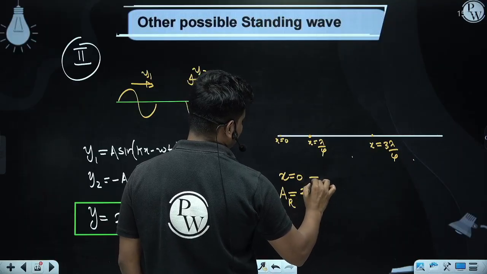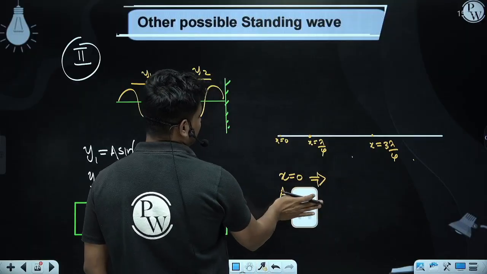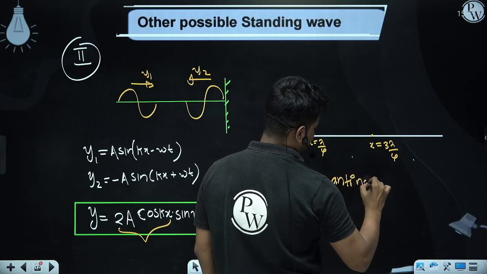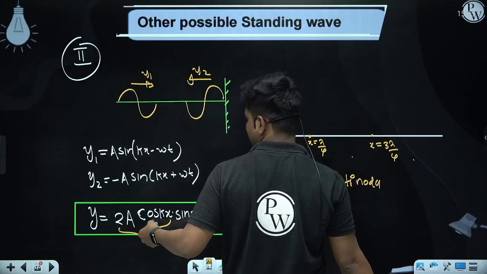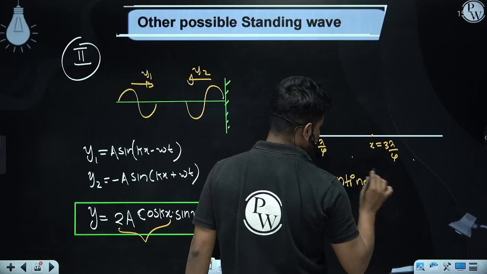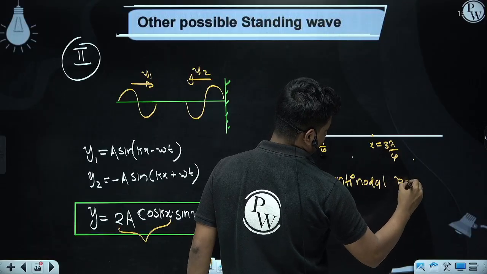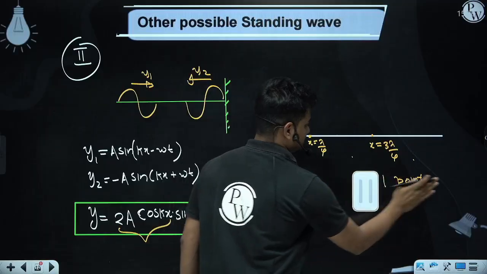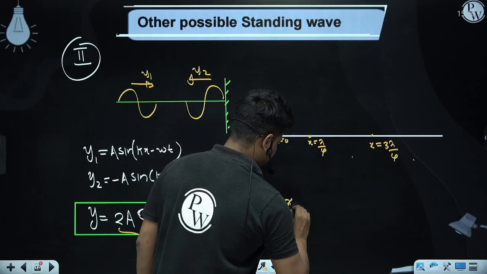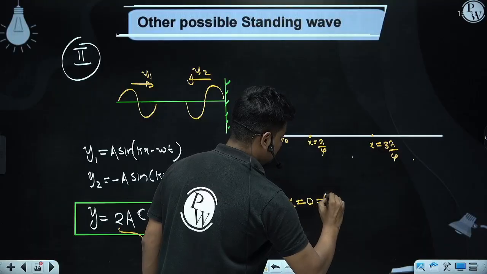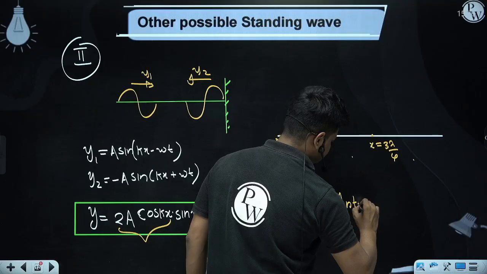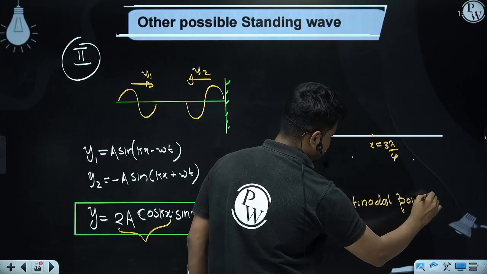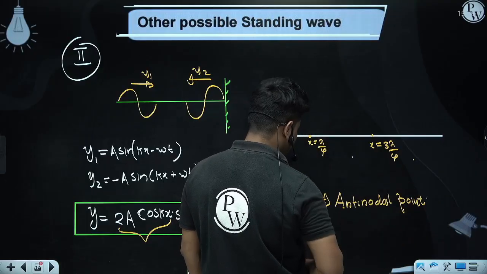That means at x equal to 0, this is the antinodal point. The next one, when time is equal to 0, that means at the initial time, what happens?